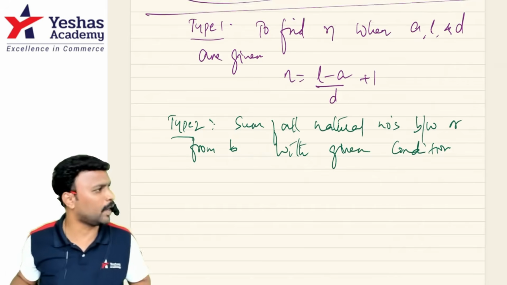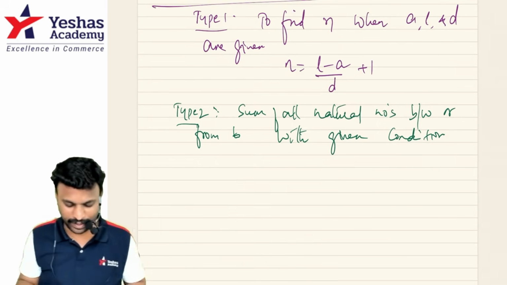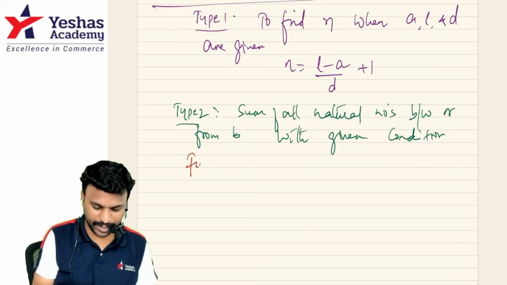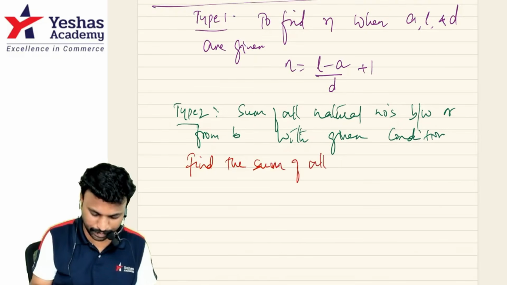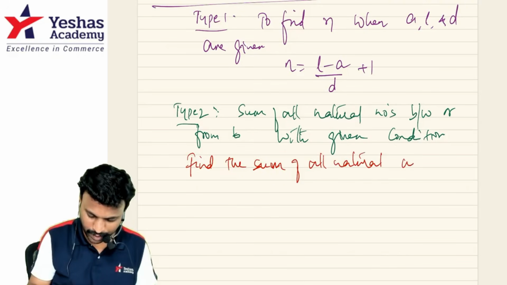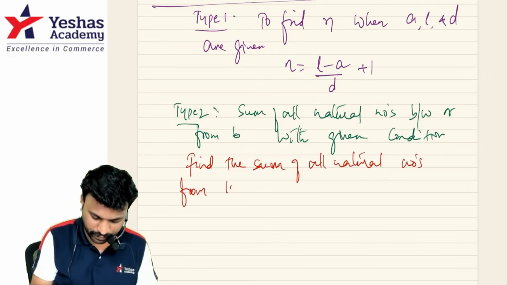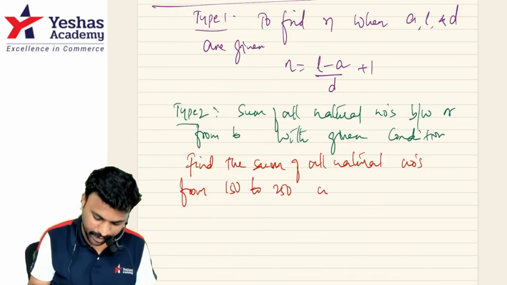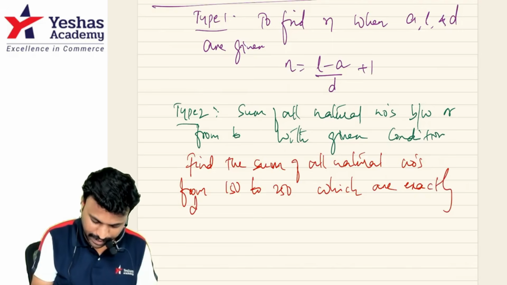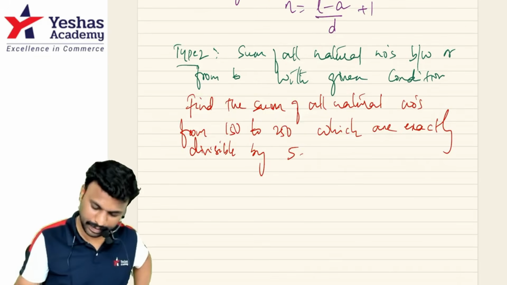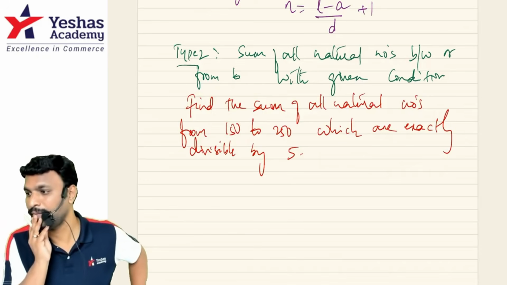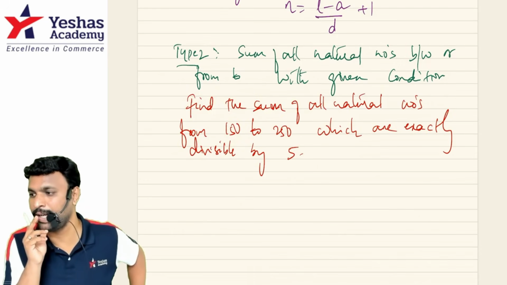One example quickly, let's see how fast you can solve it. Question: find the sum of all natural numbers from 150 to 250 which are exactly divisible by 5.